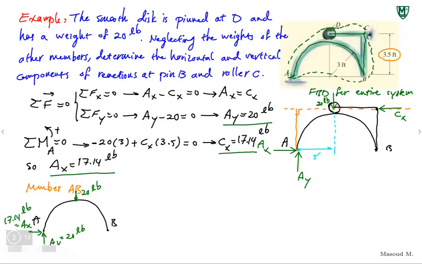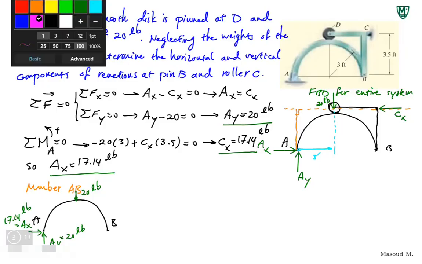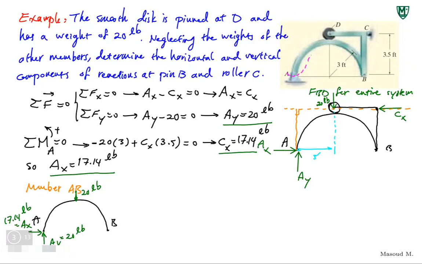So we have to take that into account when we take AB out. Let me clean up the figure here so everybody follows. Here is what I'm trying to achieve: I'm isolating AB.